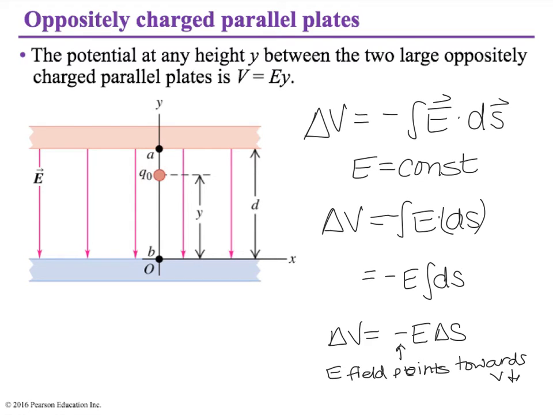But in general, if we're just thinking about the potential difference and we know that it's going to be bigger here and potential is decreasing as I move in this direction, we can use the handy relationship that we see up here, that the potential difference between 2 points separated by a distance y could just be given as E times y. And so this is something handy to remember, that when you have a constant electric field, the change in potential between 2 points is just the distance between the 2 points times the electric field.